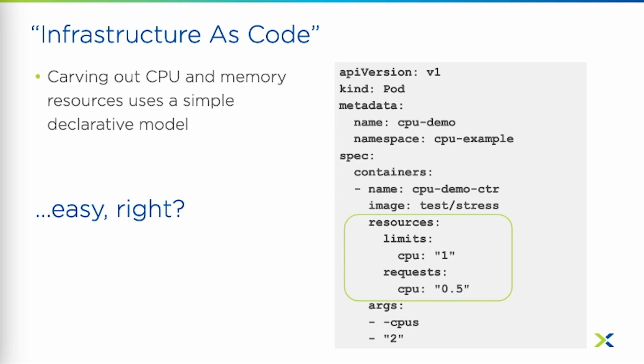There's this declarative model of carving out resources for your applications, and it's really easy when you look at CPU and memory resources. You can simply set requests and limits. But you also have to consider that it's not so easy in terms of networking and storage, and those are areas that have been identified as major challenges by the CNCF.